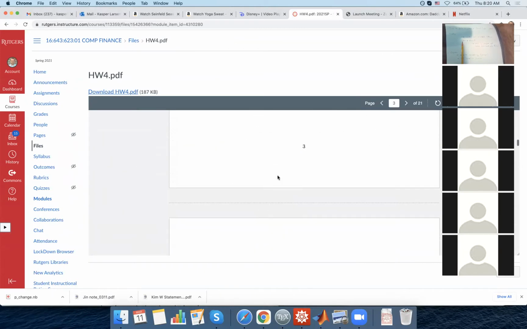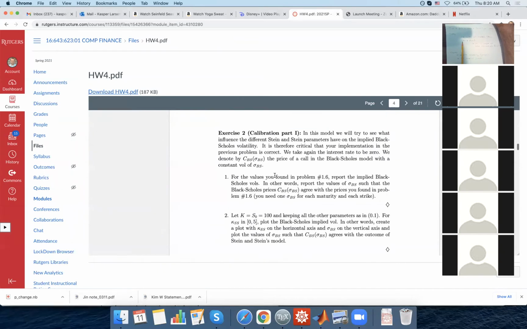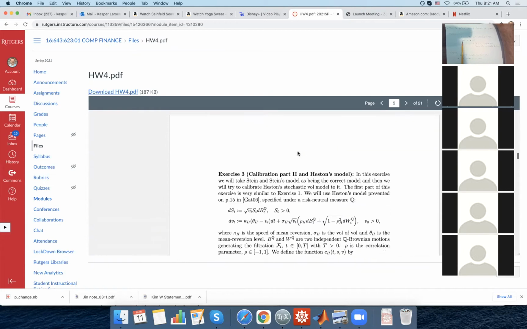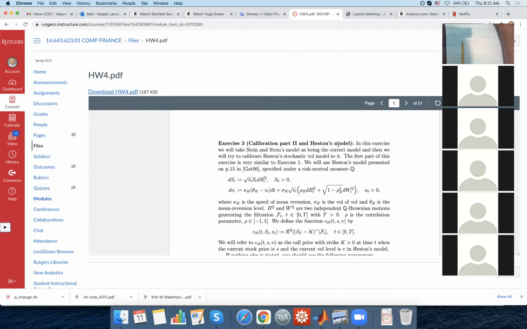And then the second problem, this is when you start calibrating. So in the second problem, you're going to be playing with Black-Scholes. And you're going to try to figure out what the implied volatility is so that the Black-Scholes model coincides with this stochastic vol model of Stein and Stein. And then the last part is you switch over to the most popular one. This is Heston's.